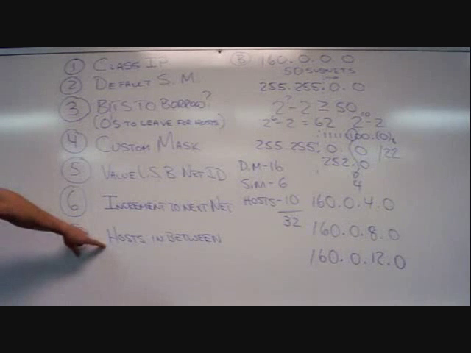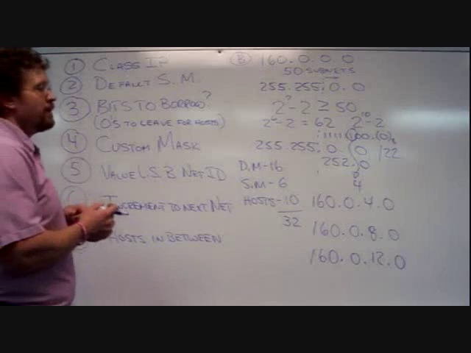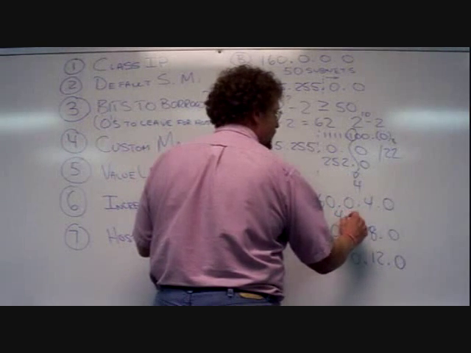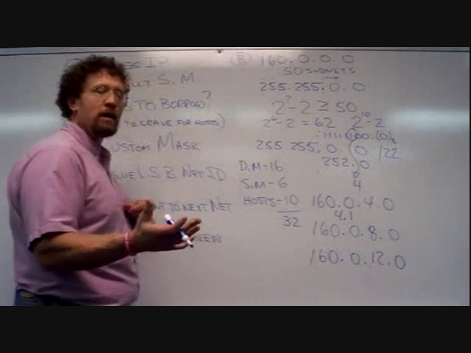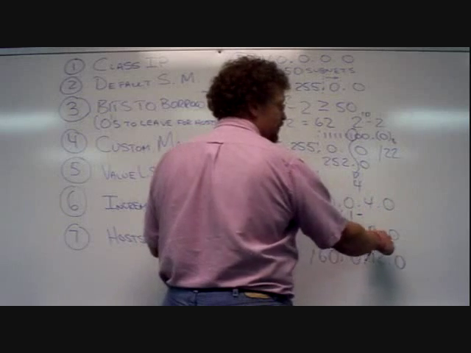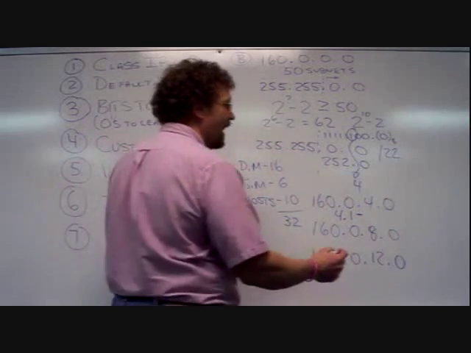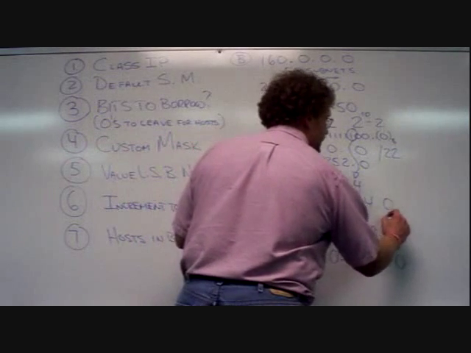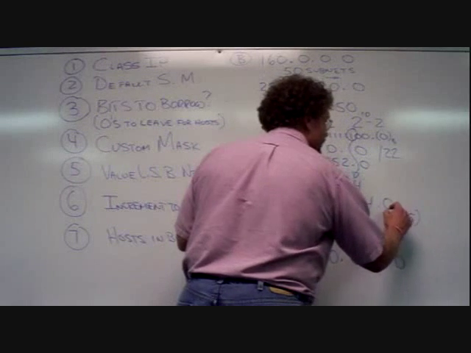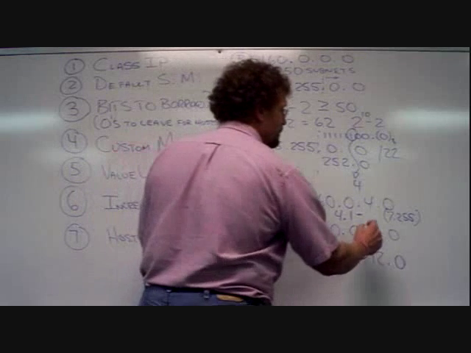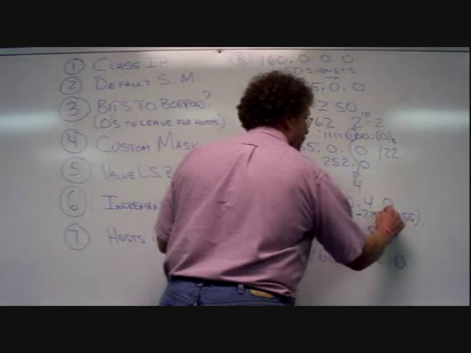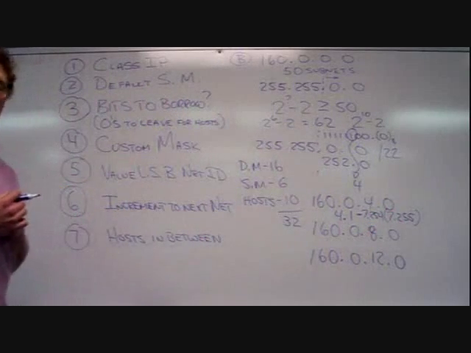Now, all that's left is step 7, fill in the usable hosts, everything in between. 4.1 is the first usable IP, that's not the net ID, to 1 short of 8.0, 7.255, which is the broadcast for the first subnet, 7.254 being the last usable host.